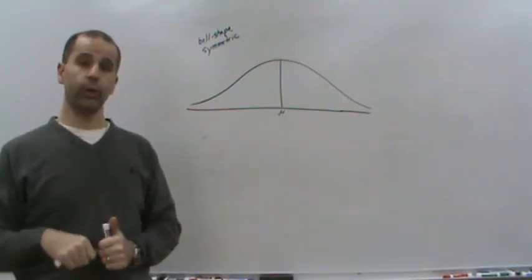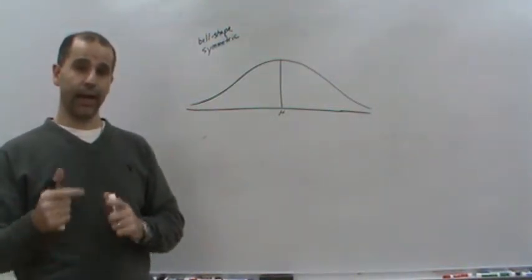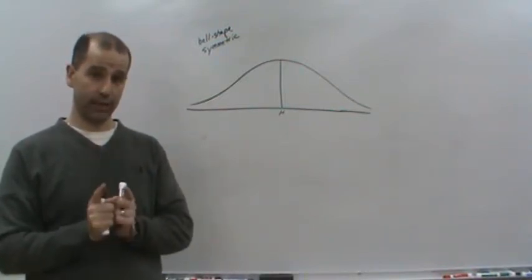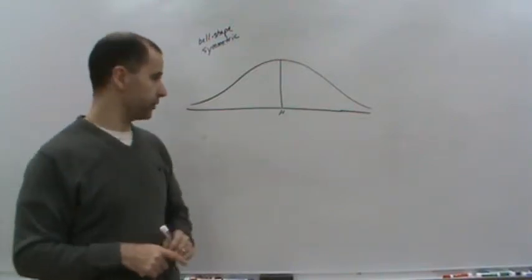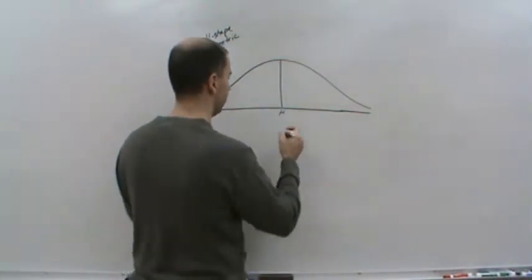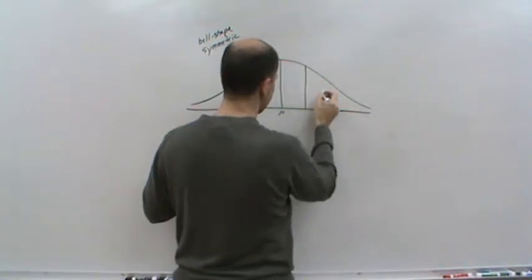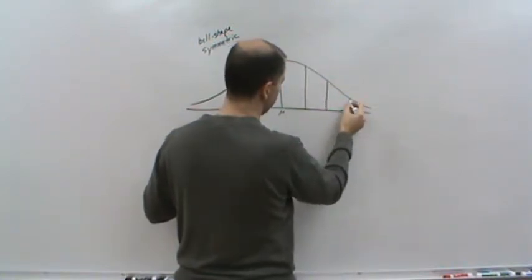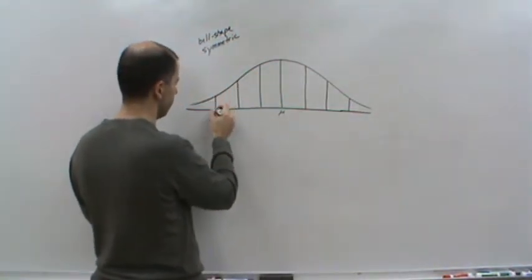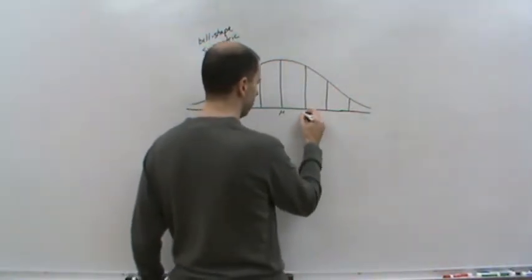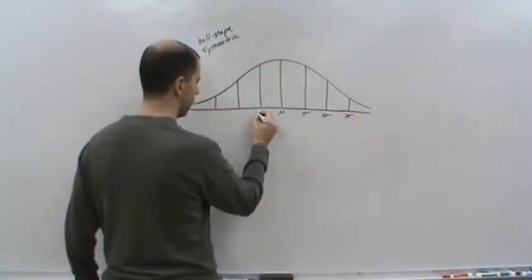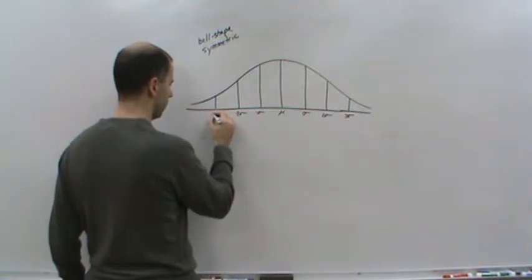We know the population mean, we know the population standard deviation sigma, and this time we know the population is bell-shaped and symmetric in its distribution. Let's do 3 standard deviations to the right and 3 standard deviations to the left. Since this is bell-shaped and symmetric, our standard deviations will be the same on both sides as far as distance from the mean. So this will be sigma, 2 sigma, and 3 sigma, and this will be negative sigma, negative 2 sigma, negative 3 sigma.